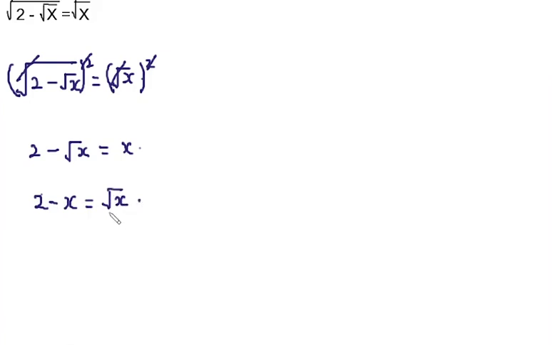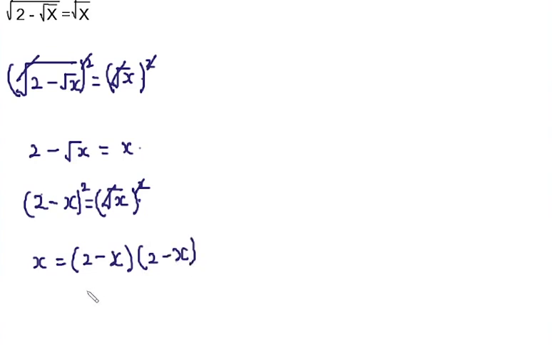So to eliminate this square root, I still need to square both sides. So if I take the square of here, and I take the square of here, I have square cancelling out square root. So x is equal to 2 minus x, 2 minus x. So I've multiplied these two brackets together.